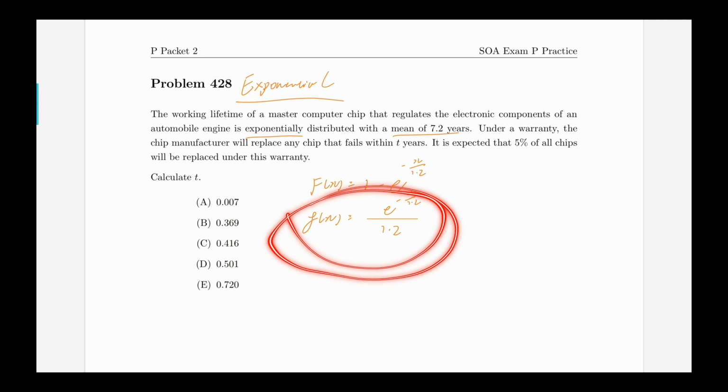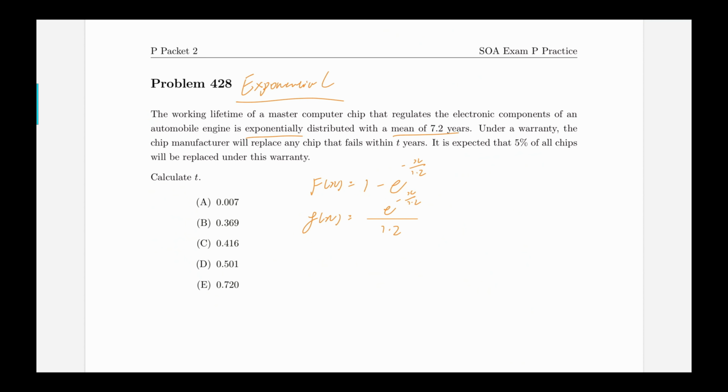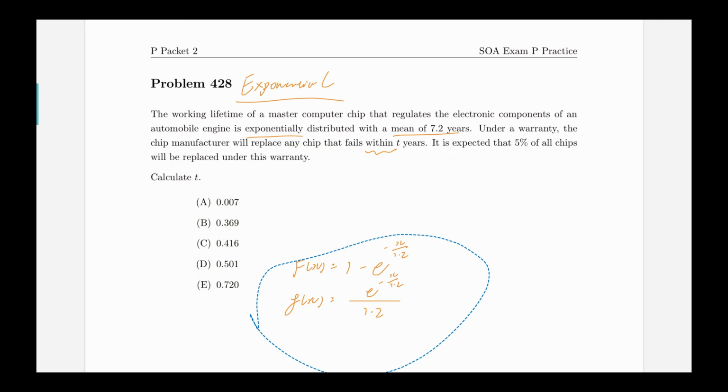The density function models the probability of failing in that specific year. And the problem is saying that if I replace any chip that fails within, where within stands for less than or equal to, t years, so basically if the chip fails in exactly t years, or any year less than t years, it's going to be replaced.